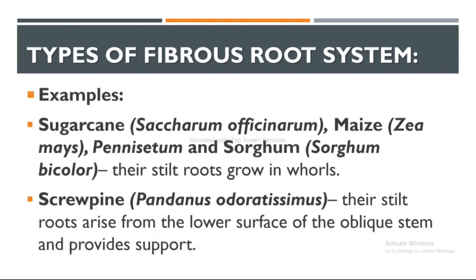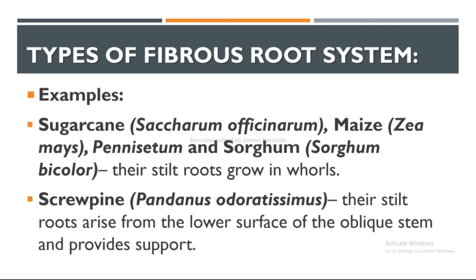Examples of the stilt root are sugarcane, which is also known as Saccharum officinarum. The next example is maize, which is also known as Zea mays. And the next examples are Pennisetum and sorghum. Sorghum is also known as Sorghum bicolor. Their stilt roots grow in whorls.